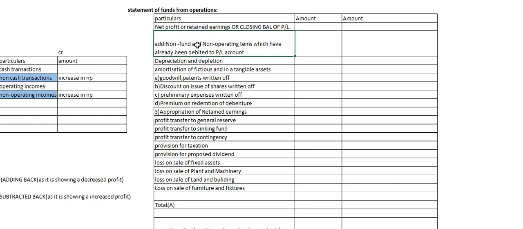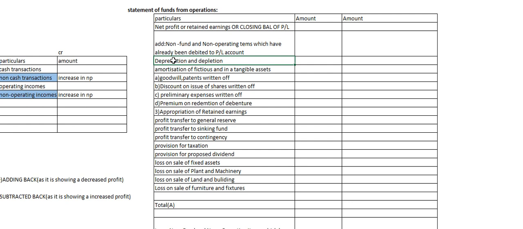So you will add back all the non-fund or non-operating items or the expenses which have been debited in your profit and loss account. The first one is your depreciation and depletion. Depreciation is the reduced value of the fixed asset, which is not involving any cash transaction or which does not form a part of the operating activities.